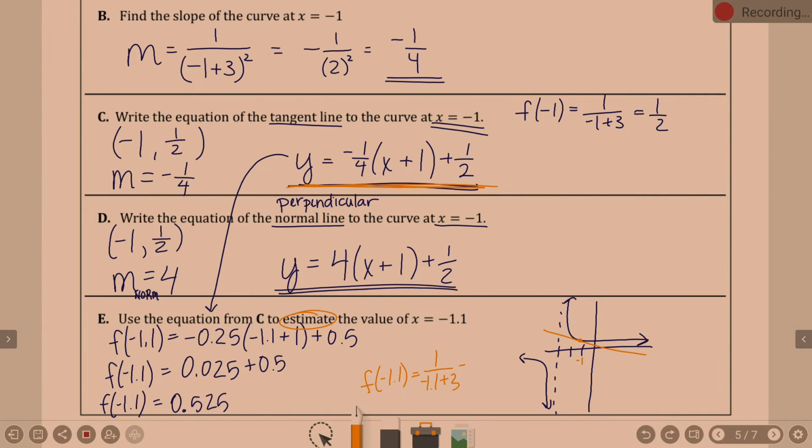So if I plug it in to 1 over x plus 3, which is 1 over negative 1.3, this comes out to be approximately, I have written in my notes, 5.26, which I think is even a rounded value. It's very close, yes, it's very close. But here's the deal. Our value is slightly below that. So that tangent line, because it's on the bottom side of the curve, produces an underestimate.